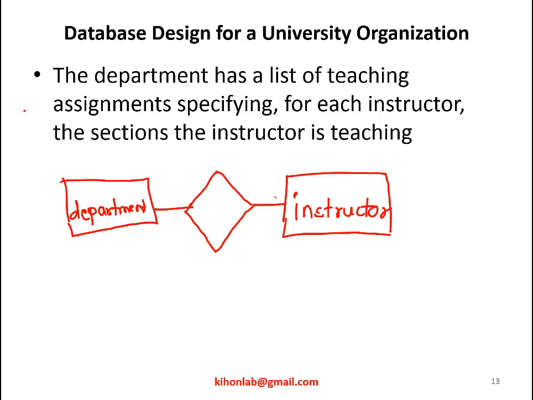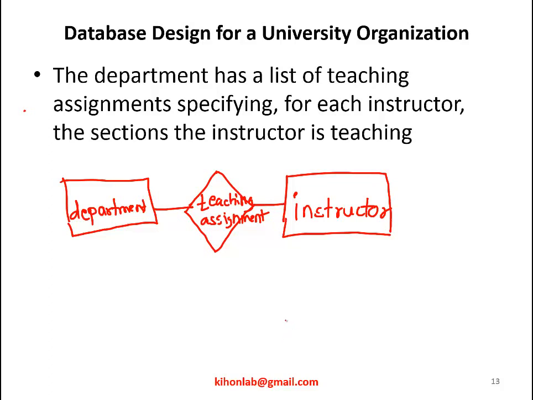So teaching assignments, department has a list of teaching assignments specifying for each instructor. So here what is this relationship? What is the verb? Teaching assignments. For each instructor, the sections the instructor is teaching, the section, that means a class.